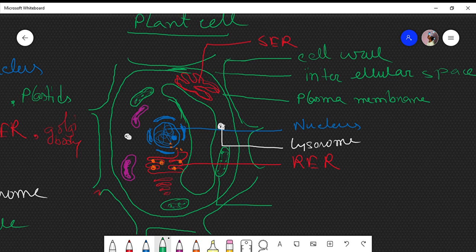We got plastids here. Then we got a Golgi body here. All the kitchen stuff is marked red and orange. Orange is the food one, so let me take orange here and here. Orange are the ribosomes that are studded.